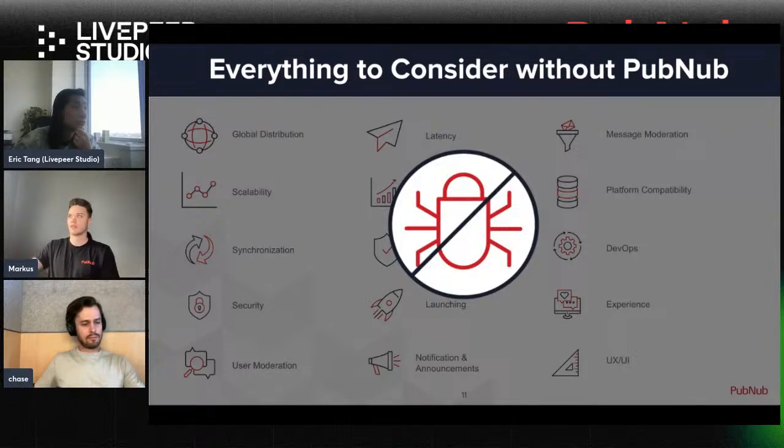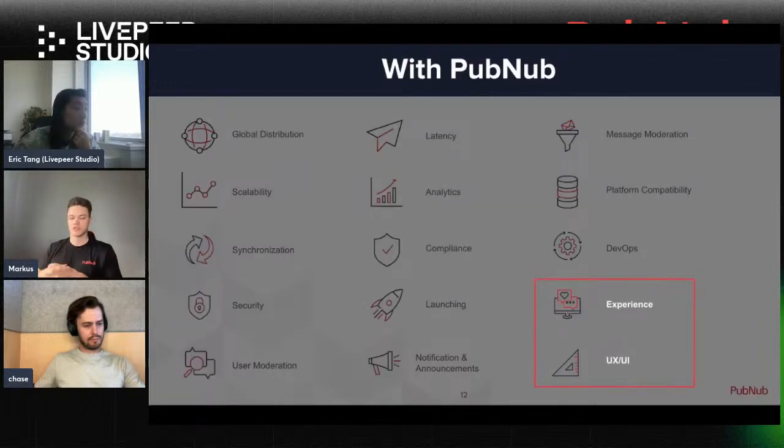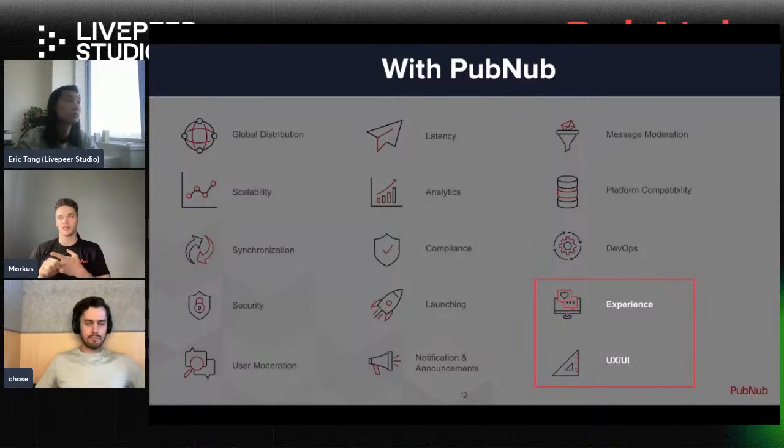So now we'll go over what you would have to consider with PubNub, which would just be the experience and the UI. PubNub really does handle all the other things that are listed here. And it is API driven, so you can use our REST API or the SDKs, or in this demo that we created, we're going to go over something called the ChatSDK.